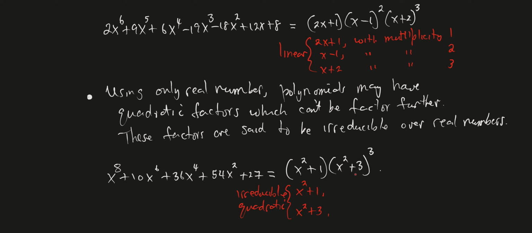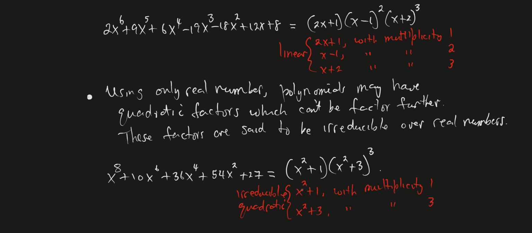So again, it's fully factored now. You can see that the x squared plus 1 is raised to the first power. So this one has multiplicity 1. And then the x squared plus 3 shows up 3 times. So it has multiplicity 3, right?